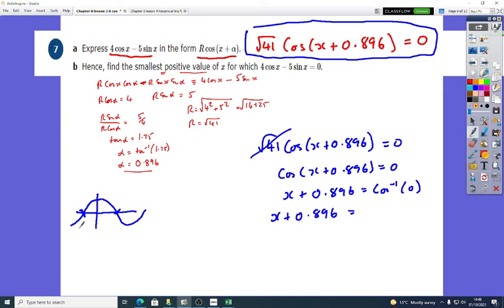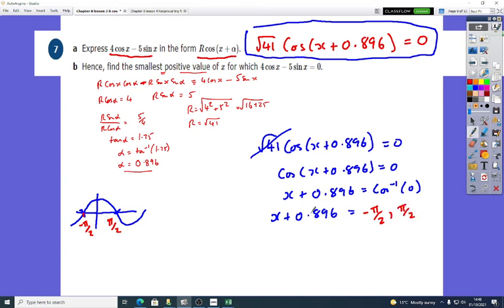So I'm going to do shift inverse cos of 0, and that's going to give me pi over 2. So that will give me pi over 2, and this one will give me minus pi over 2. Okay, so you could start with writing minus pi over 2, and that's pi over 2.